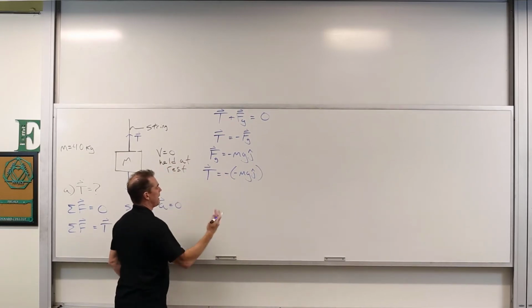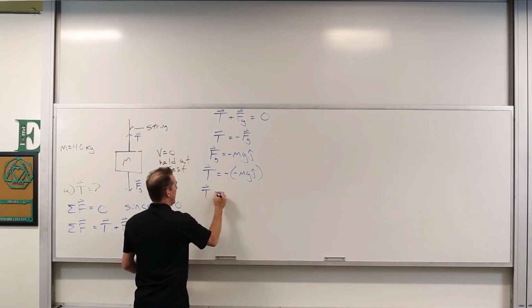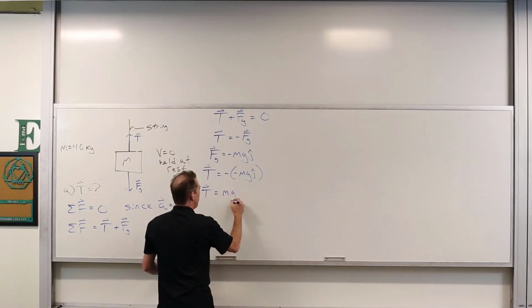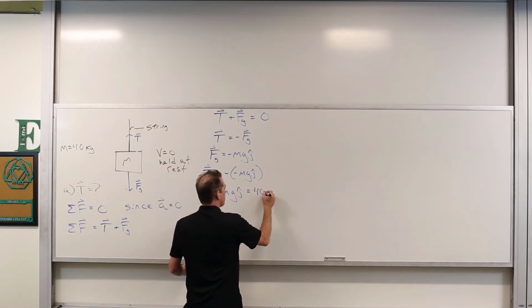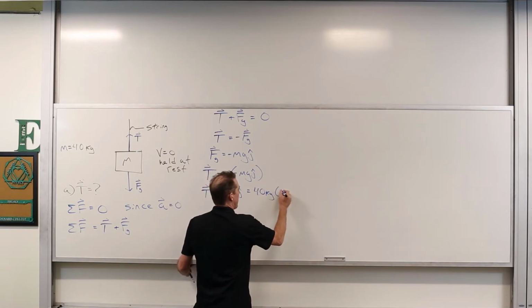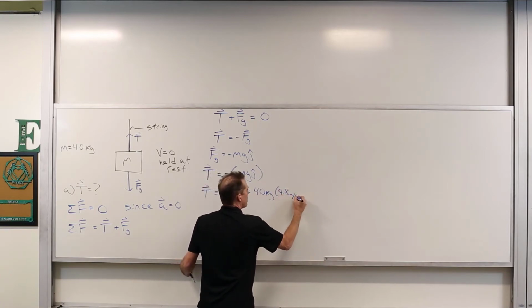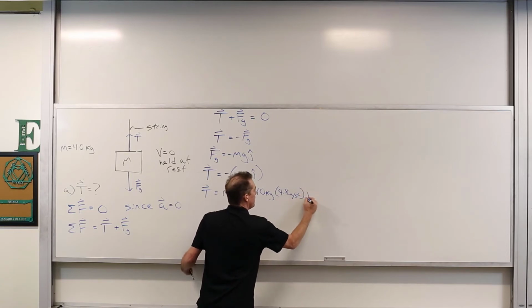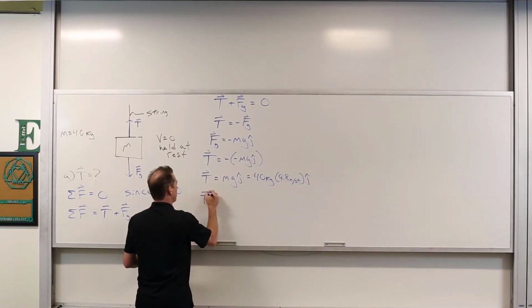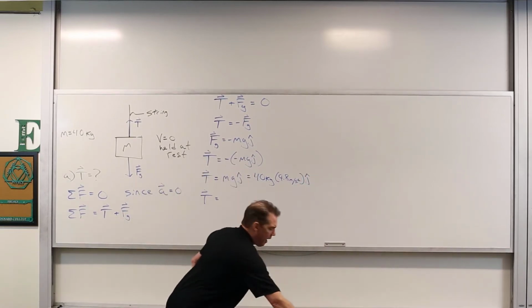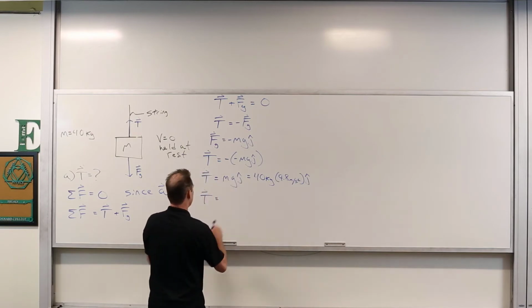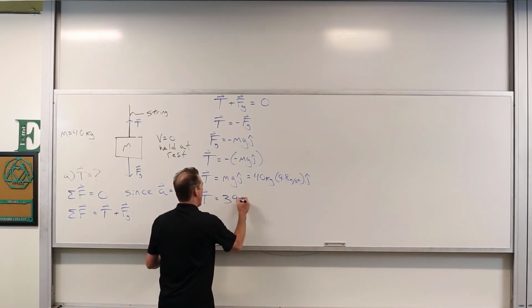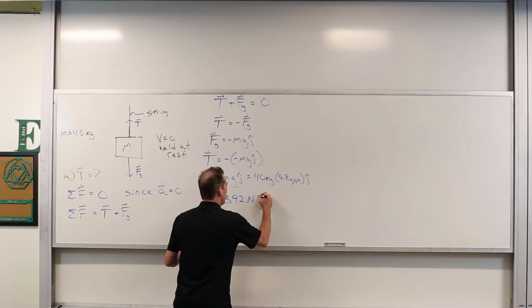The minus minus cancels out, and we've got T hat is equal to mg J hat, which is then equal to 40 kilograms times 9.8 meters per second squared in the J hat direction, giving us that the force of tension in that rope, 9.8 times 40, gives us 392 newtons J hat.